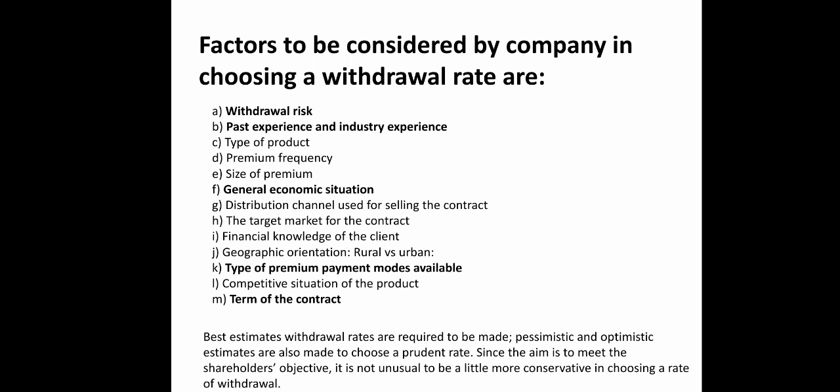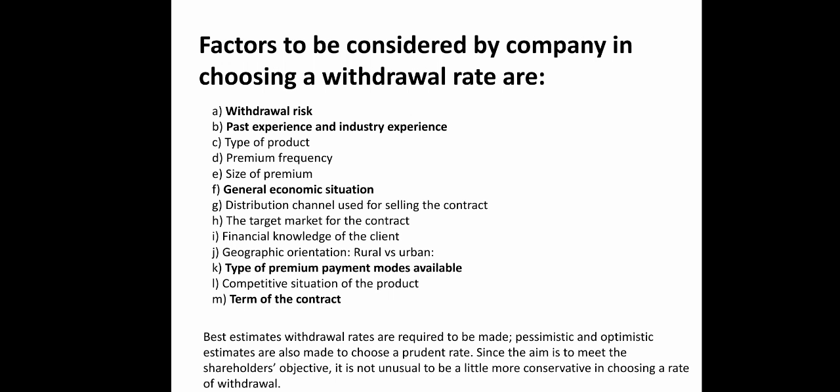These factors are listed as follows. The first factor that we have is withdrawal risk. Second, we can determine this based on past experience and industry experience. It can also be determined according to the type of product. The next element is premium payment frequency, which also has an effect on withdrawal rates, followed by economic conditions and market conditions.